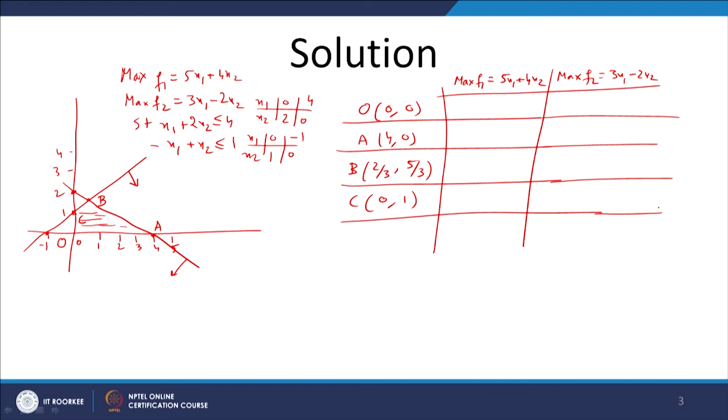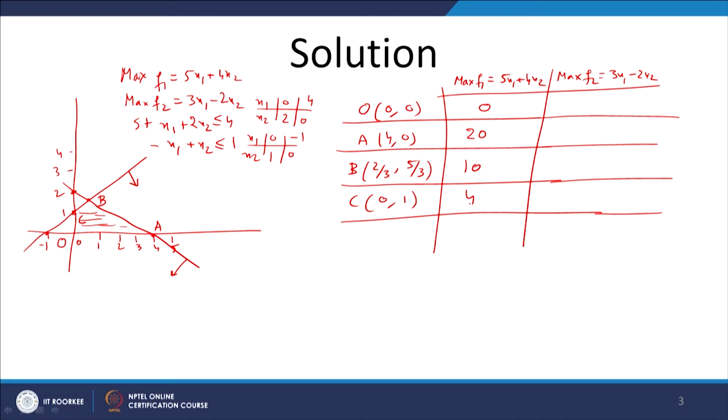So, O, 0, 0 will give you the f1 value as 0, the A point will give you 20, the B point will give you 10 and C will give you 4.